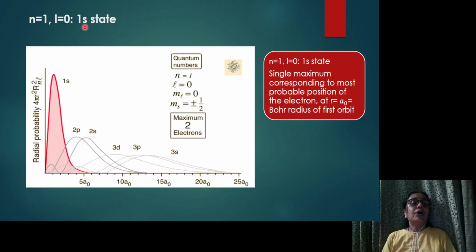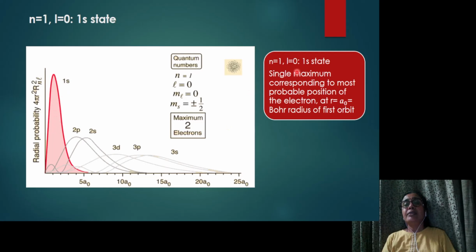If we plot the graph of radial probability against the distance r from the nucleus, then we get a graph like this for the 1s state, which shows a peak at a0.